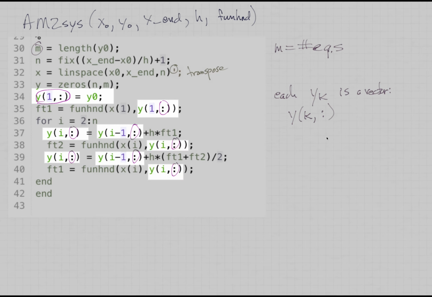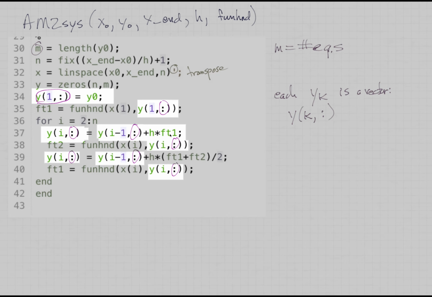And then let's see, anything else that's different? Let me just point out also that, as I said, we're using the iteration method with one iteration to solve the implicit problem. We're looking to get a good estimate for the new y value, y sub i. What we do is we take an initial guess that the y value is simply the old y value plus the slope determined at the old point, using the value of f at the old point.